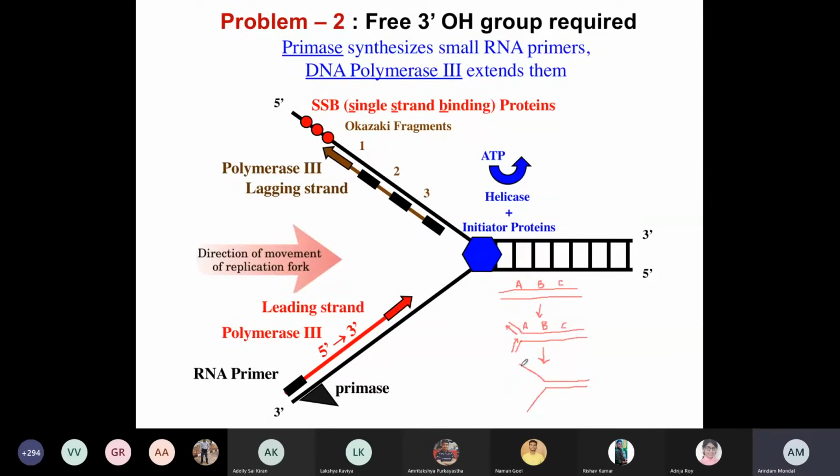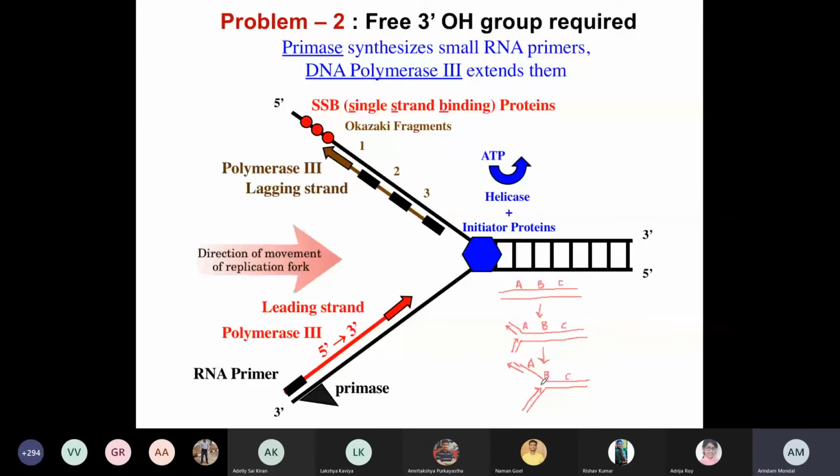Then in the next step, the helicase will keep on unwinding the DNA and the leading strand will be continuously synthesizing the DNA. But in this case, say this is A, this is B, and this is C. Initially the primase synthesized a primer here and the DNA replication happened in this direction.